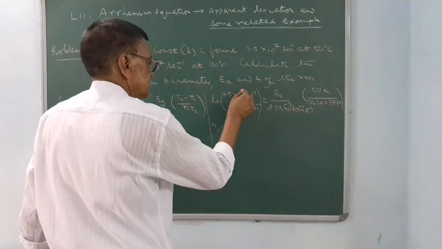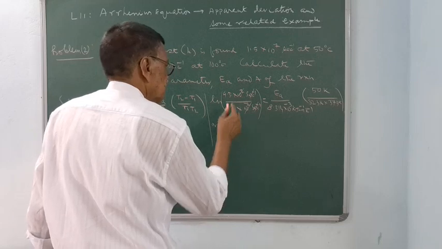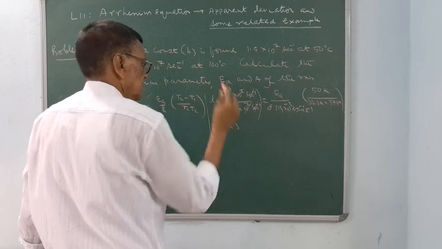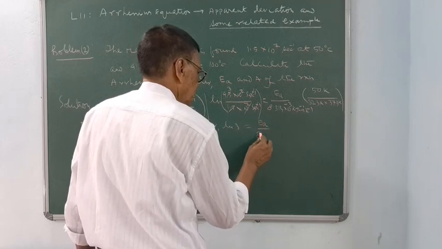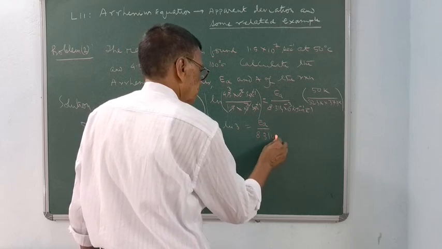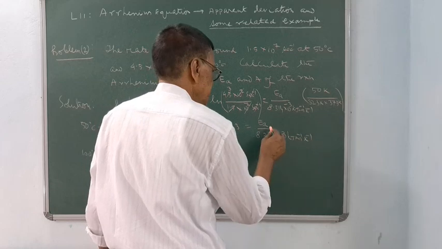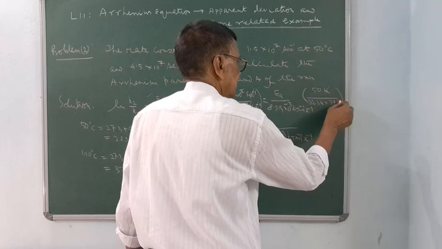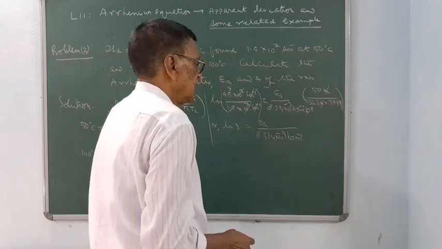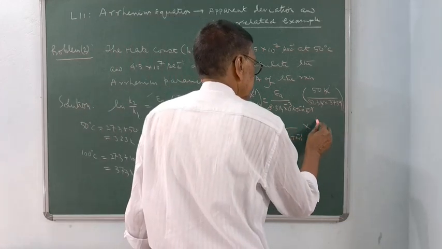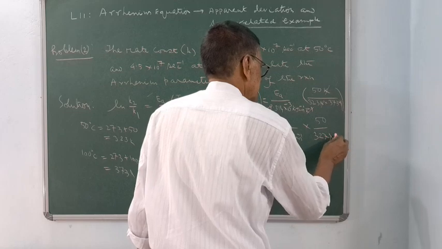So the second inverse cancels, and it is only ln 3 equal to EA divided by 8.314 into 10 to the power minus 3 kilojoule mole inverse Kelvin inverse, and you see the Kelvin and Kelvin inverse cancel, so it is into 50 divided by 323 into 373.